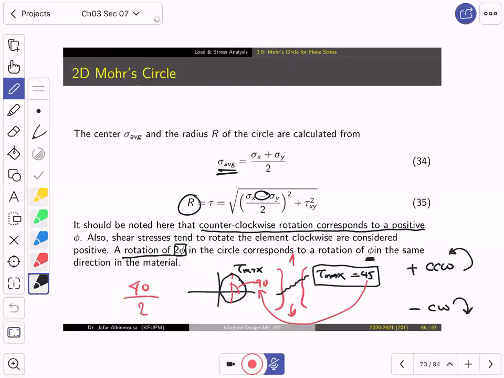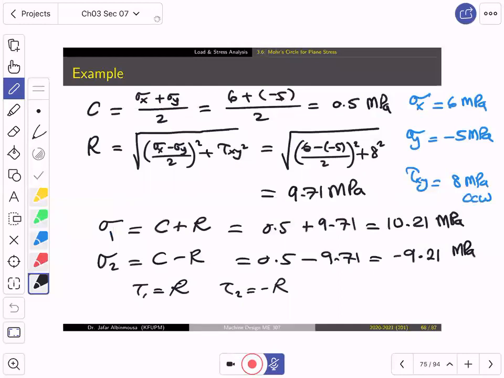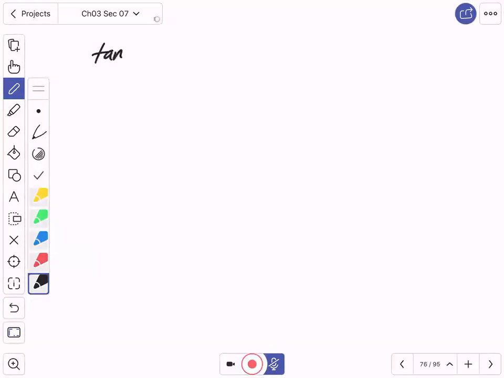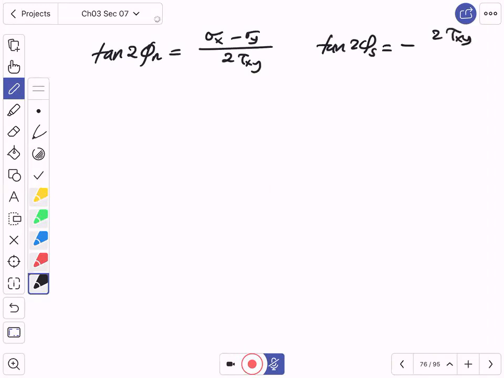So if I go back to the solution, I need more space. So what did we say? We say that tan 2 phi normal is equal to 2 tau xy divided by sigma x minus sigma y, and tan 2 phi s equals minus sigma x minus sigma y divided by 2 tau xy.